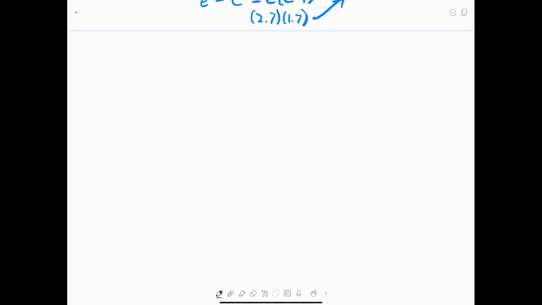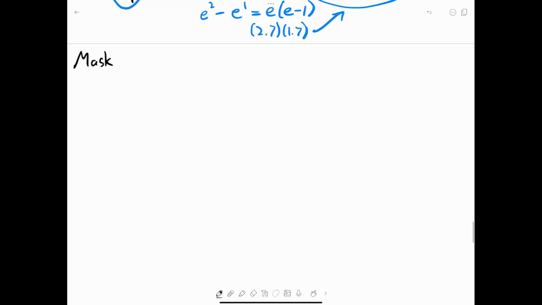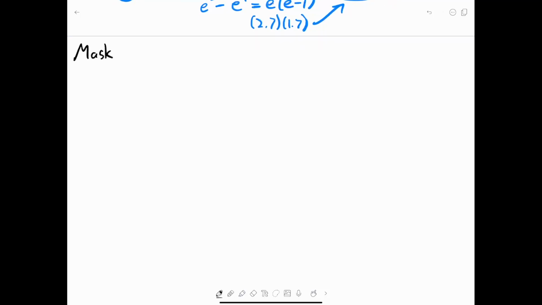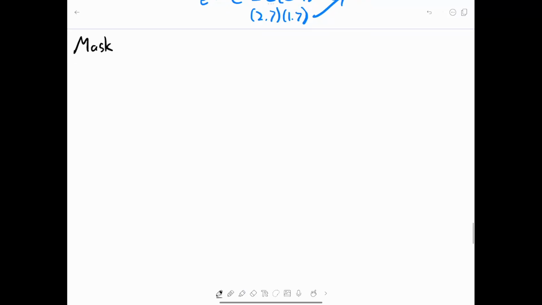What is masking? The idea of masking is that we want transformers to predict the next word in an input sequence, the word that follows an input sequence. And so during training, we don't want the transformer to have access to the next words in the input sequence, because that's a form of cheating, and it won't have access to those words when we actually run inference.